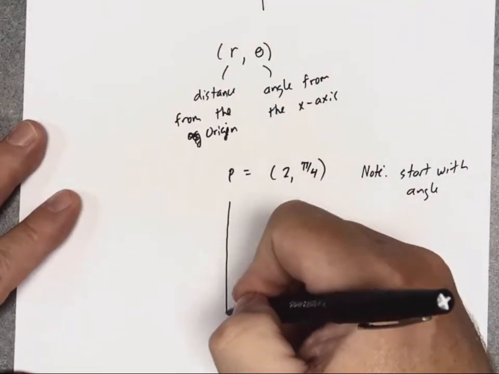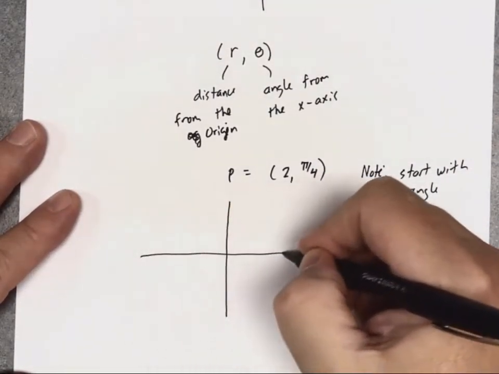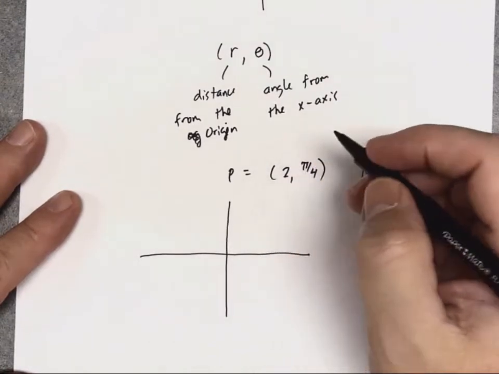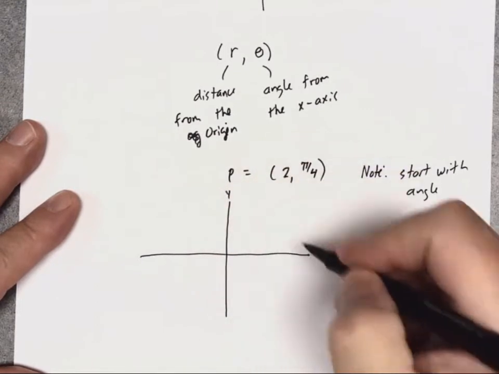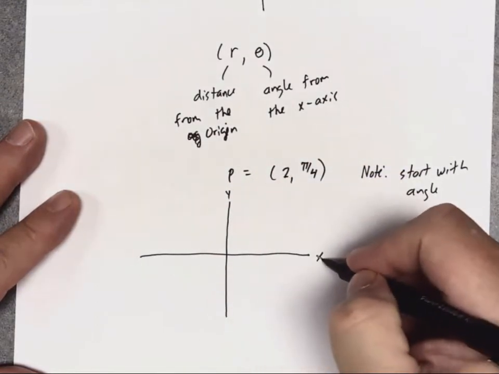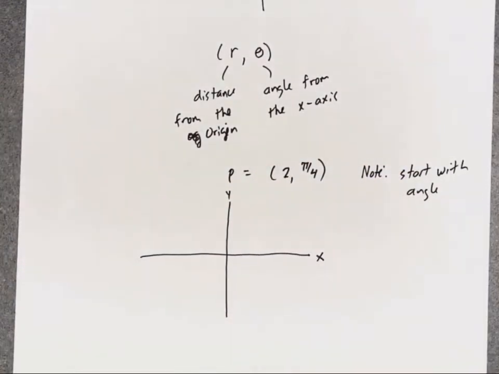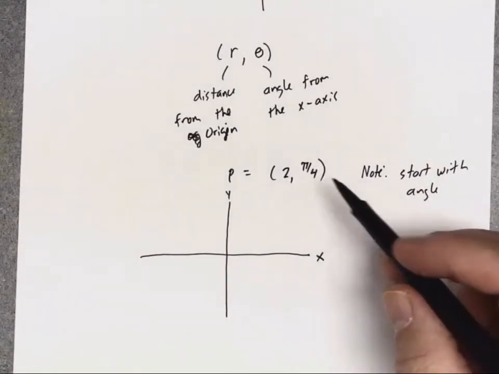And I'll show you what that means in a minute. So here, it's not incorrect to still call this xy, but we're not really going to use xy points to graph this point. I'm going to use polar coordinates.